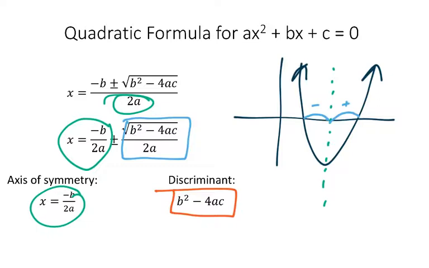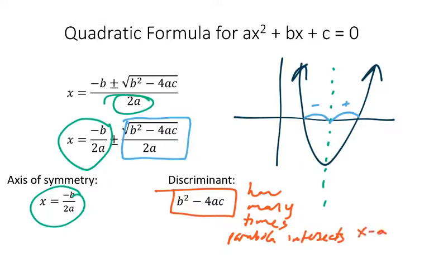When they give you that clue, that's a discriminant clue. What the discriminant tells us is how many times the quadratic, the parabola, intersects the x-axis. We can tell that algebraically just from analyzing the discriminant. I'm going to talk about that soon.